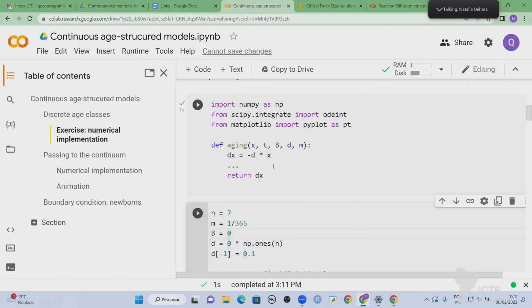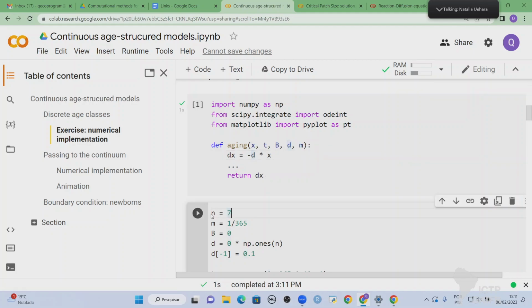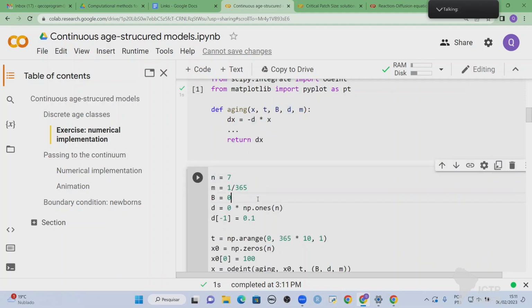So we have that g, the mortality rate or the death rate, could be different for each x. So I have d0, d1, d2, up to d6. So the number of points here is 7, as I asked you to go from 0 to 6, including 6. I'm putting the birth to 0.